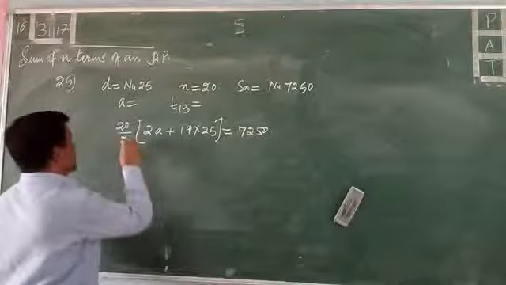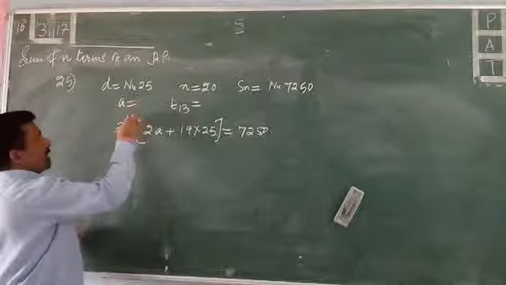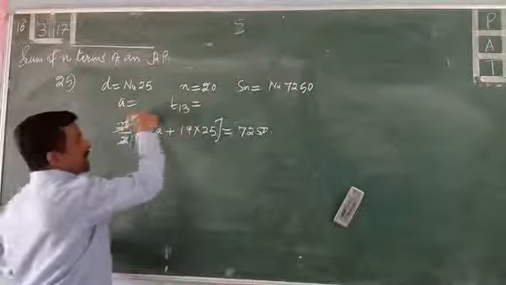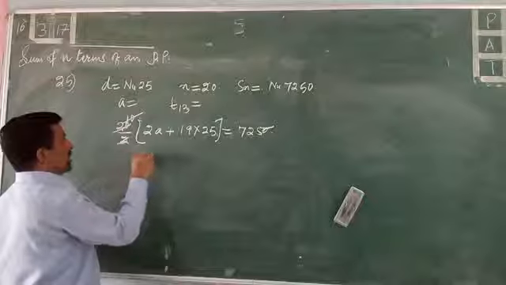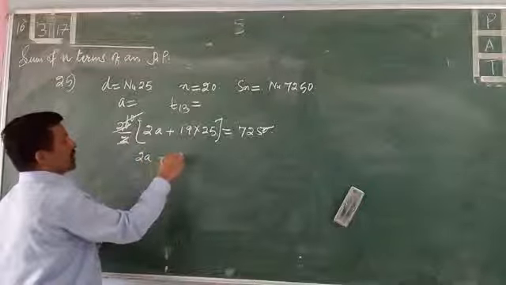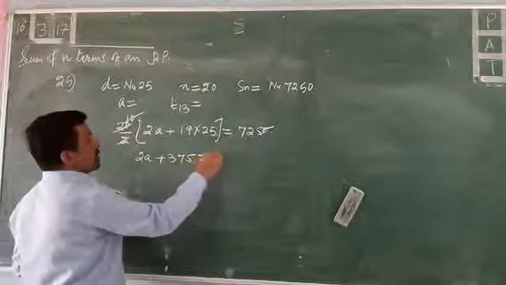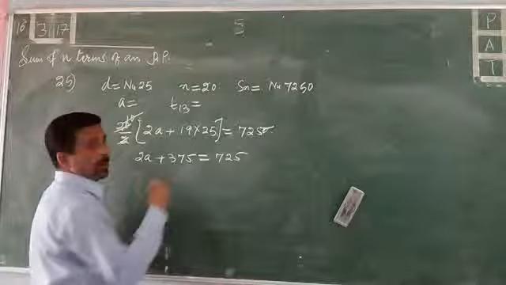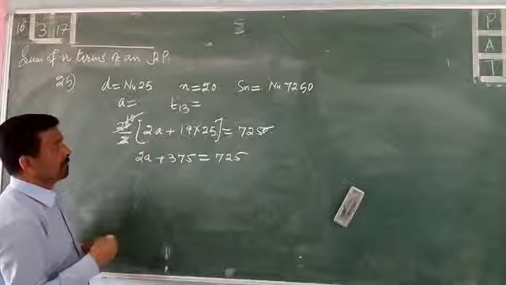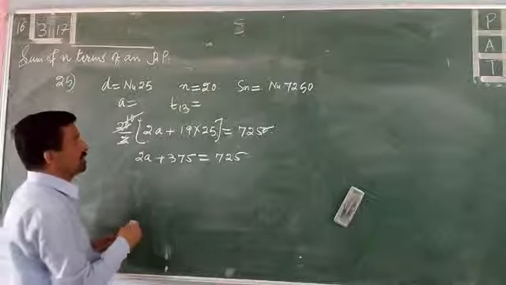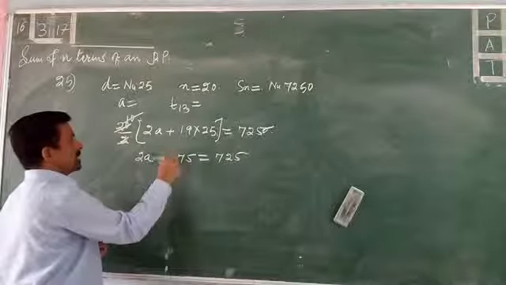This comes as 10. This will go that side and we will simplify. So this will become 725. This is 2a plus 475 is equal to 725. Yes, 475.